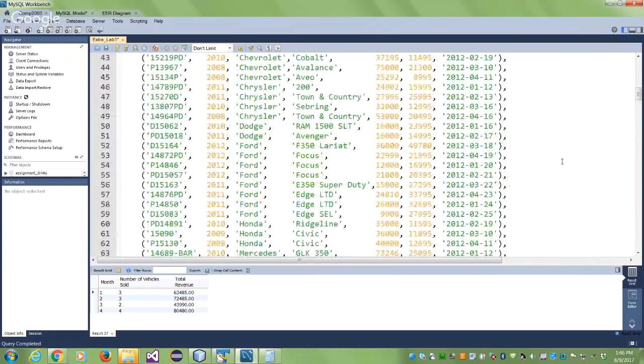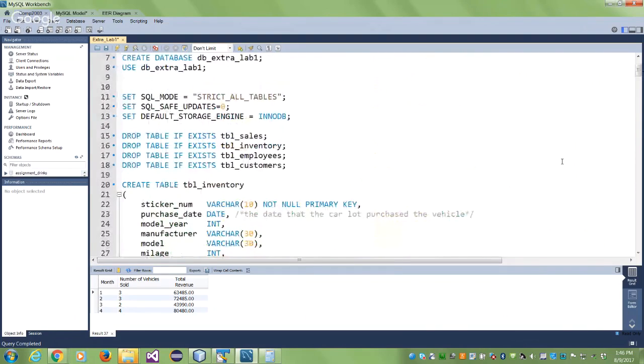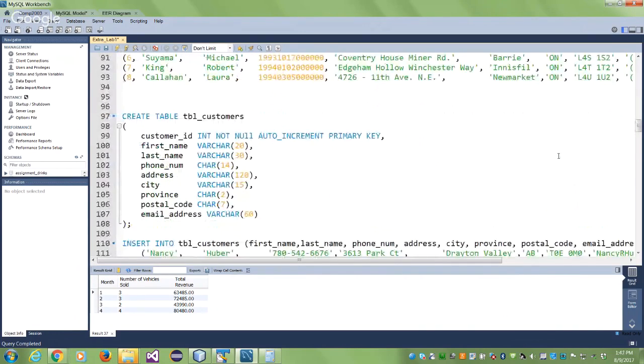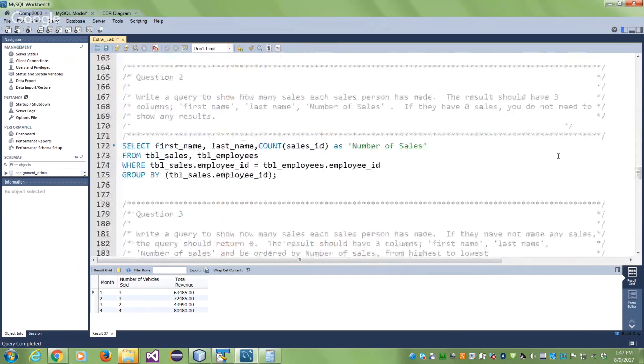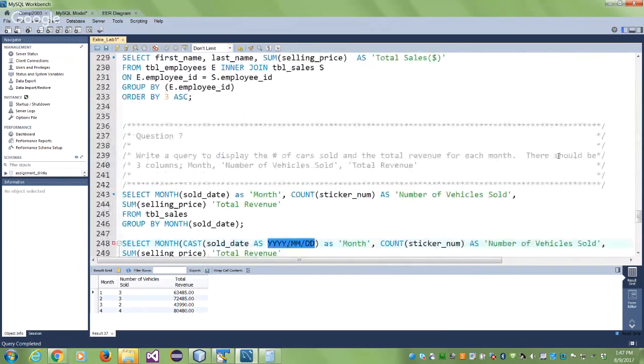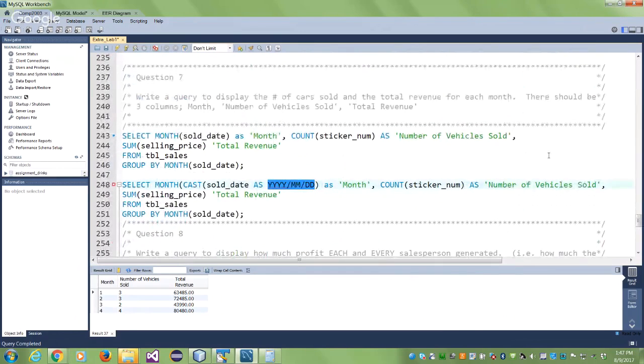I was able to get the month name. And I forget how I did it, but I did. I looked up a function, of course. I had to look it up. Sold date is a date. It doesn't like it. No, I forget what it was. I was casting it as to get the month name, and it worked. I'll have to Google it.